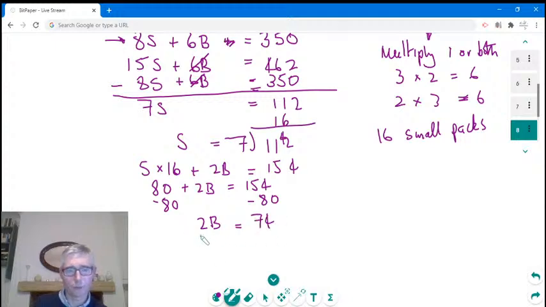If we then want to get the B on its own, we just divide through by 2. So dividing that by 2 and dividing that by 2, the 2's cancel, and we end up with B equal to 74 divided by 2, which is 37. So what that tells us is we've got 37 big packs.